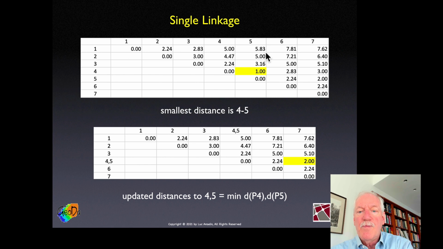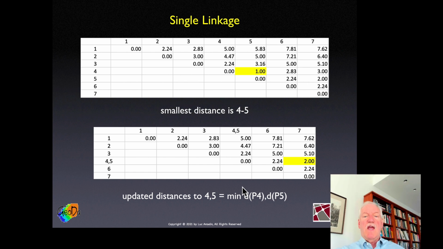For 2, it's 447, so we replace it by 447, and so on. So we replace the row and the column of the distances from the other points to 4 and 5, and then we find the shortest distance in this new table.